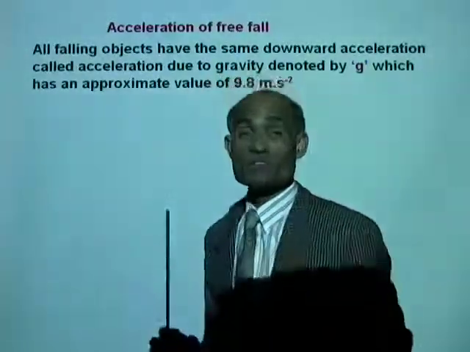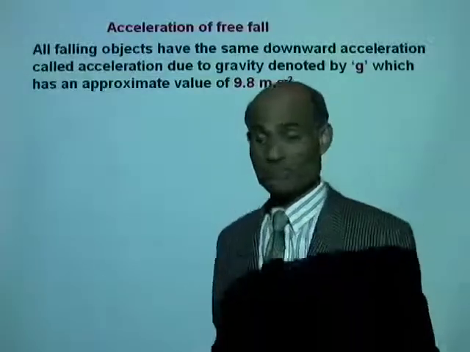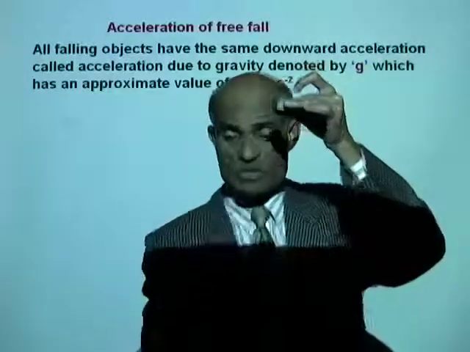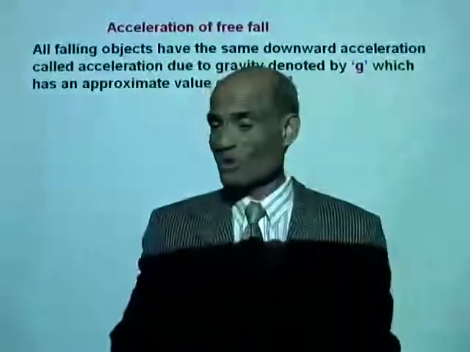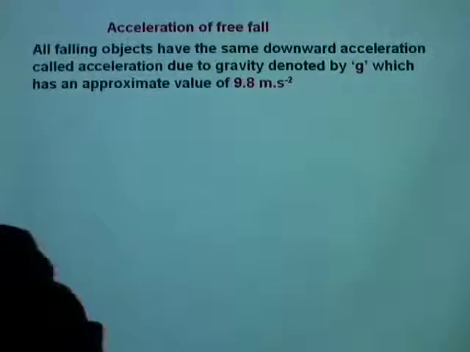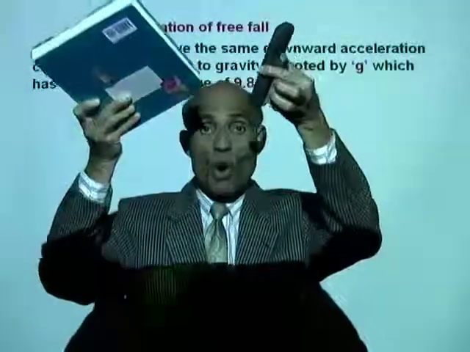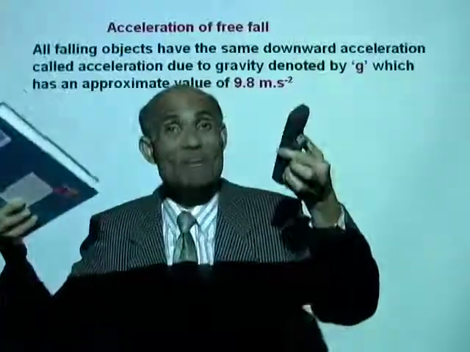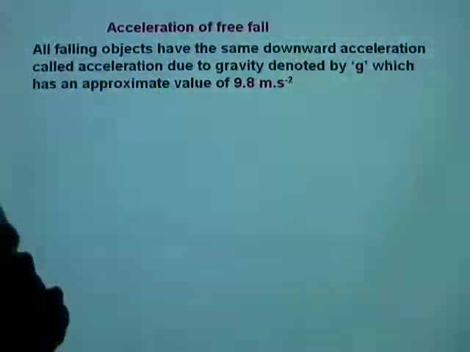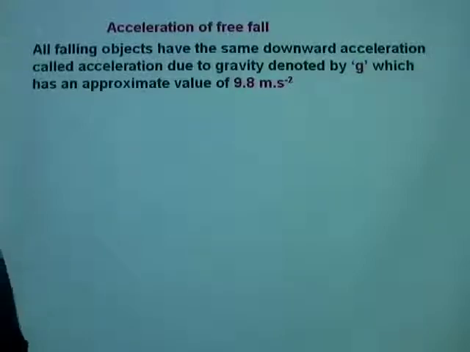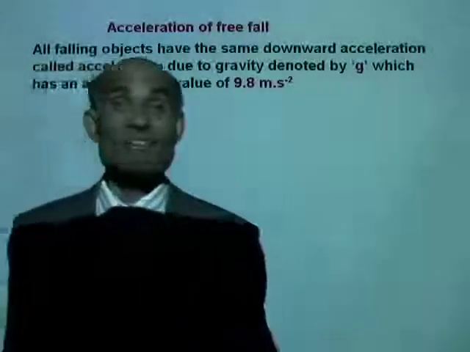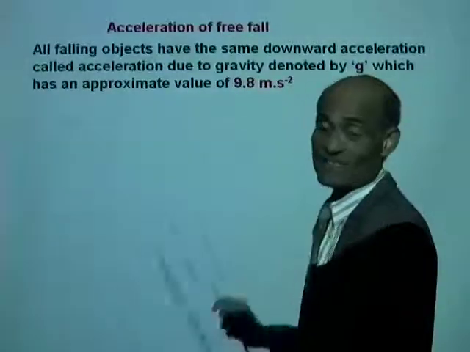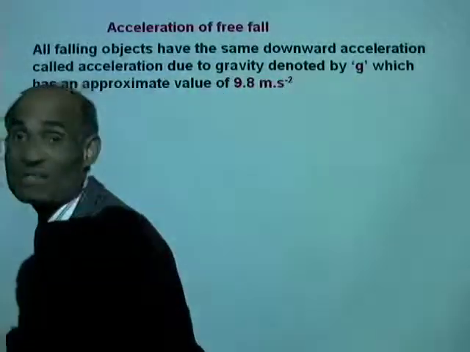And this acceleration has been measured. What it says is that if I drop this object or this object or some other object, all these objects will actually fall with the same acceleration. All falling objects fall with the same acceleration, and that acceleration we call g, acceleration due to gravity.